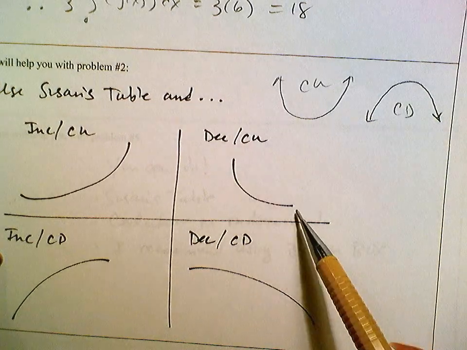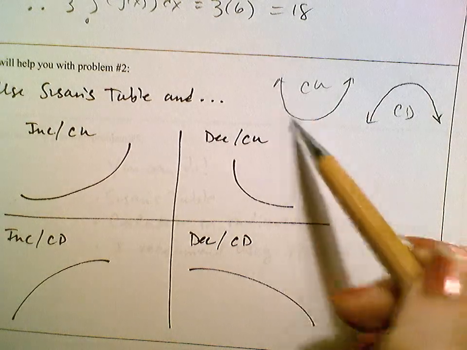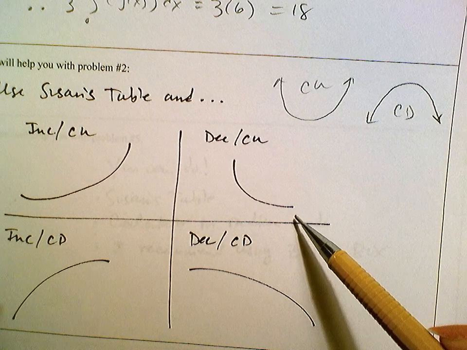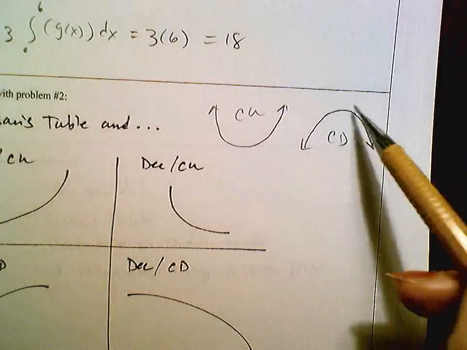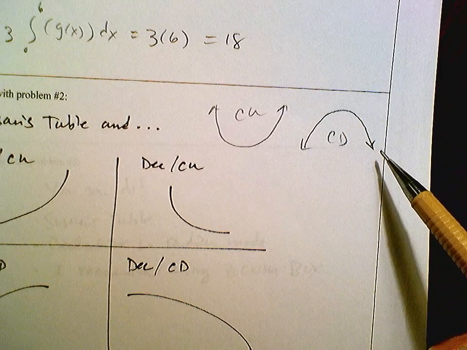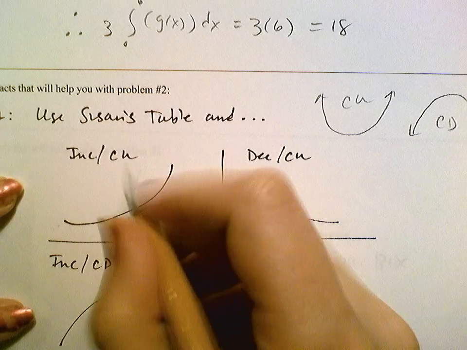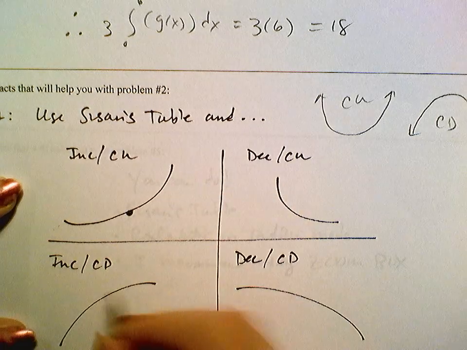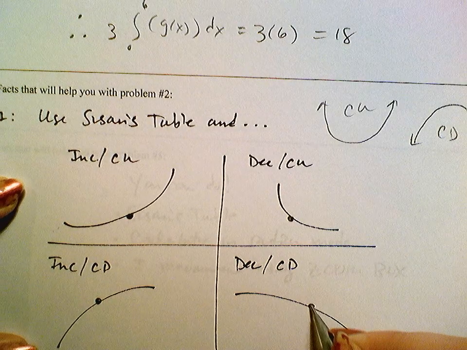This is a decreasing function, and it looks like it could be a section of this parabola, so it's concave up. And then this one is a decreasing function, could be a section of this parabola, so it's concave down. All right?